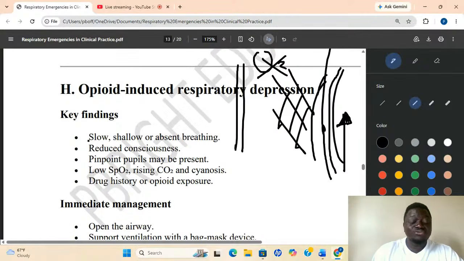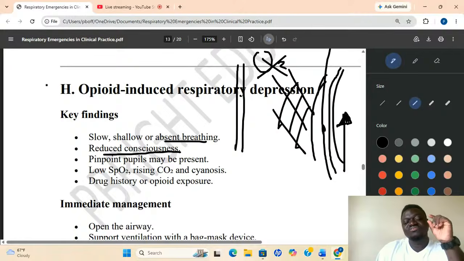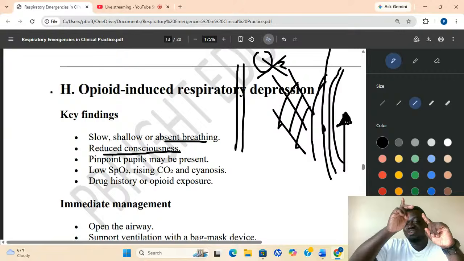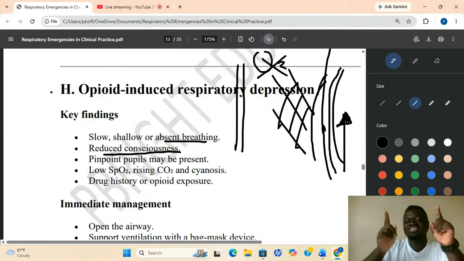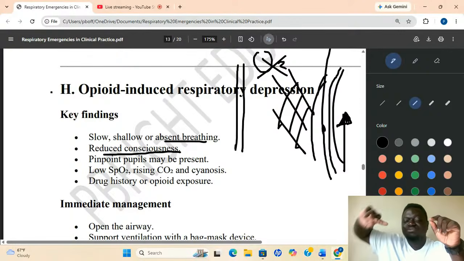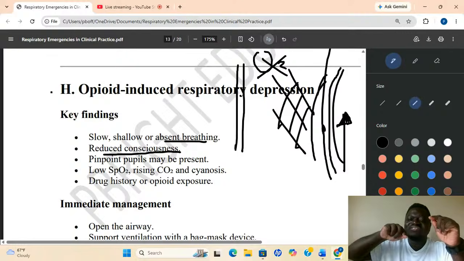So their breathing becomes slow because the muscles are in big trouble, shallow, or sometimes absent. Reduced consciousness should tell you that the brain is getting involved. The pinpoint pupils. Look at the tip of a sewing needle, not the eye where you thread, but the end that goes through the clothes.